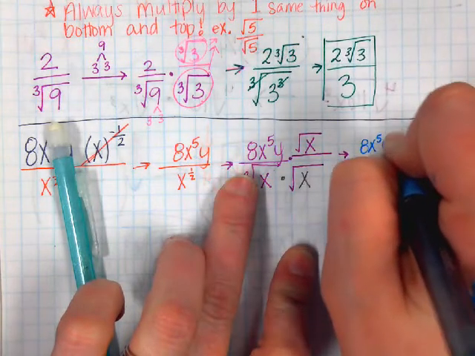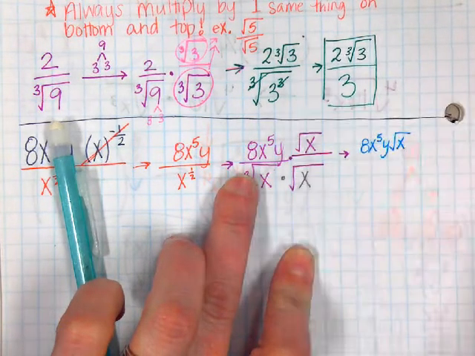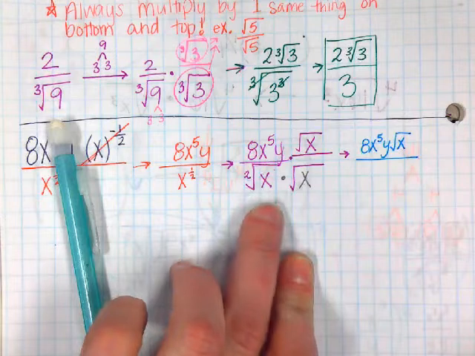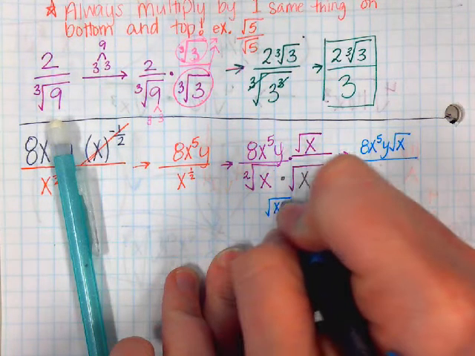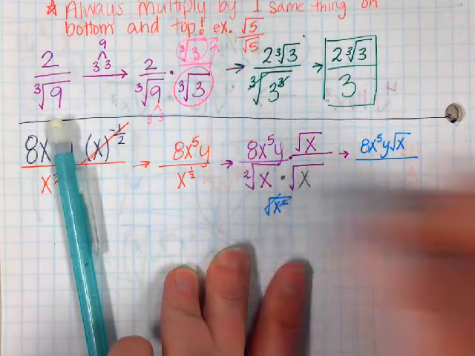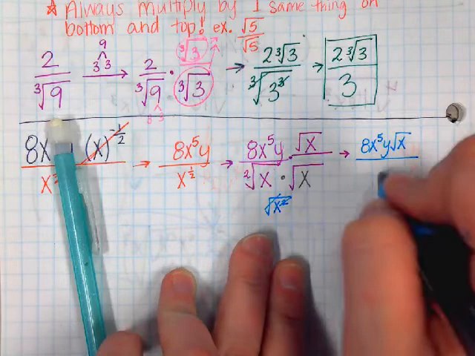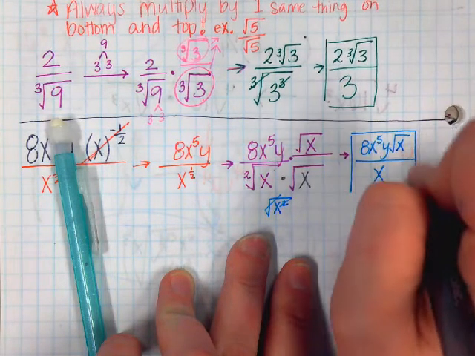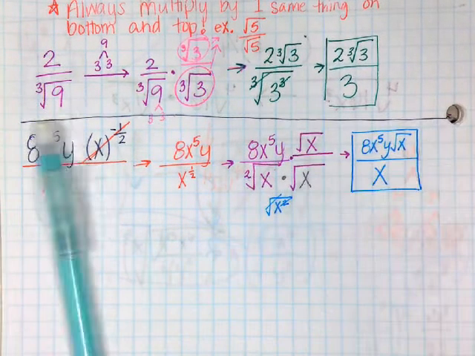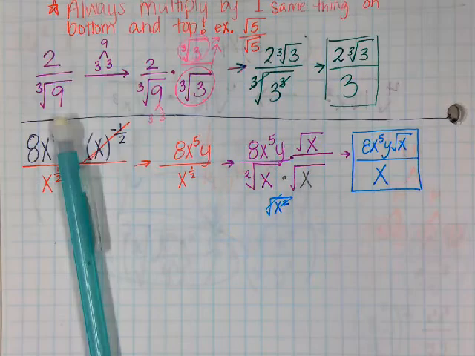Okay, now I can rewrite the top as 8x to the 5th y square root of x divided by, I can rewrite this as x squared, and then the squared and the square root cancel. So then in the denominator, all I have is x. And that would be your answer.